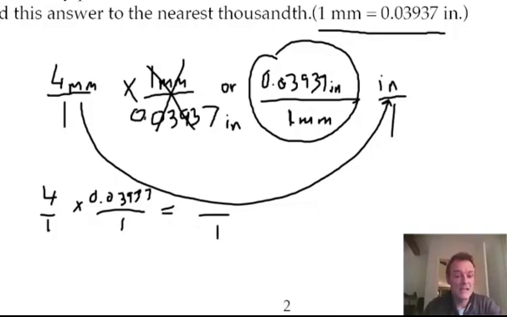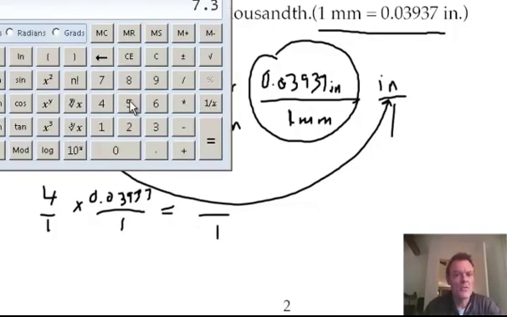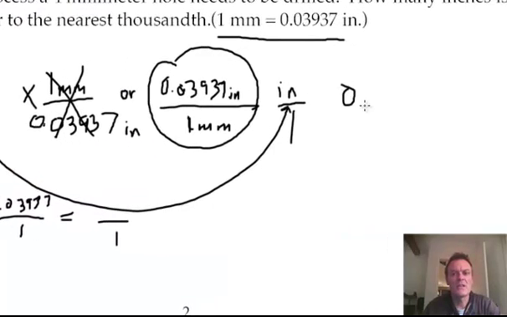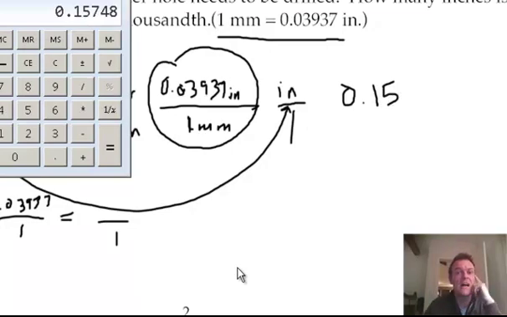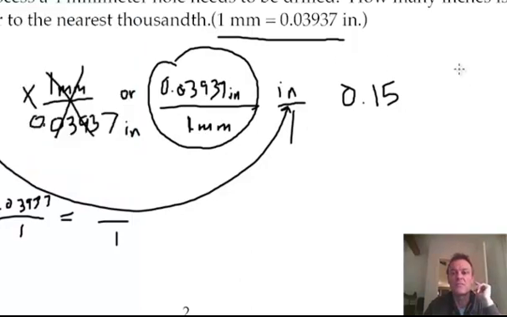So calculator, here we go. 4 times 0.03937 equals 0.1574. It says to the nearest thousandth, so remember tenths, hundredths, thousandths. The 4 will not change the 7, so it's 0.157. So that's what it is in inches.